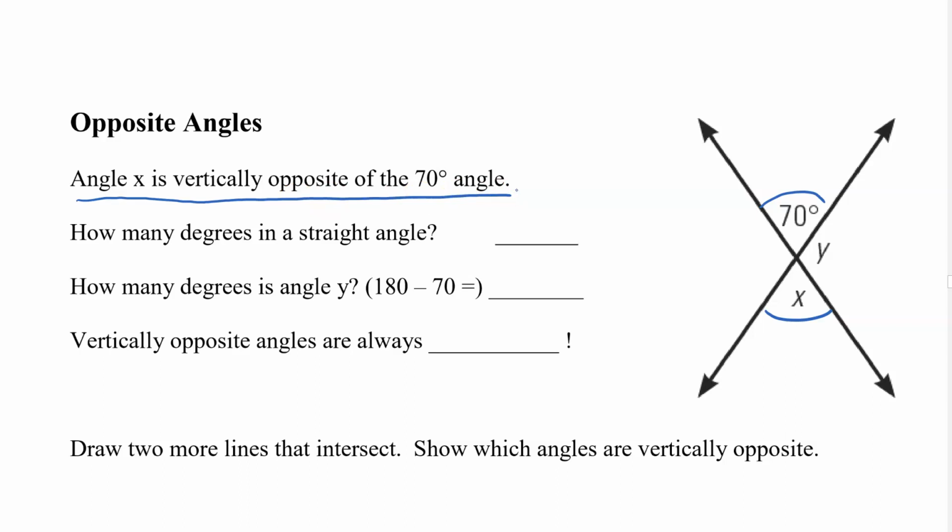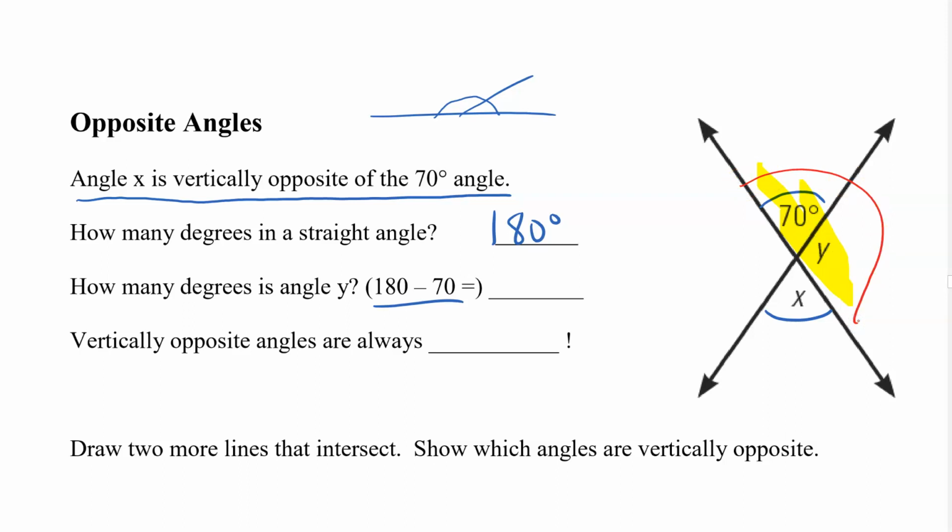Well, before we get to that, here's a question. How many degrees in a straight angle? So remember, a straight angle makes a straight line, and the number of degrees is 180 degrees. So I'm going to write 180 degrees. How many degrees in angle y? And there's sort of a hint there. It says 180 minus 70, because we can think of this whole angle as a straight angle.